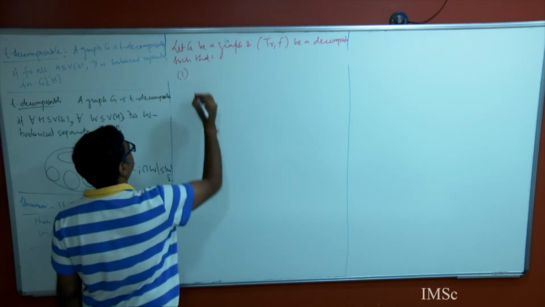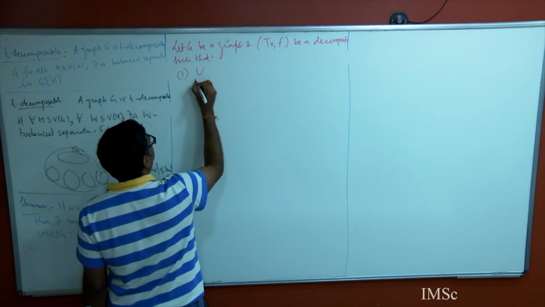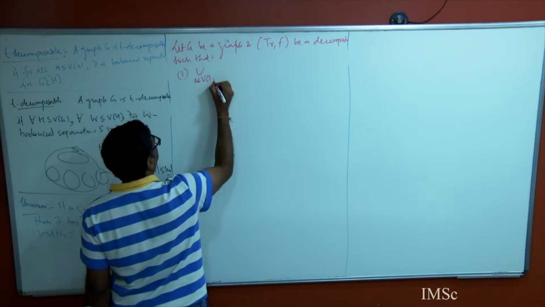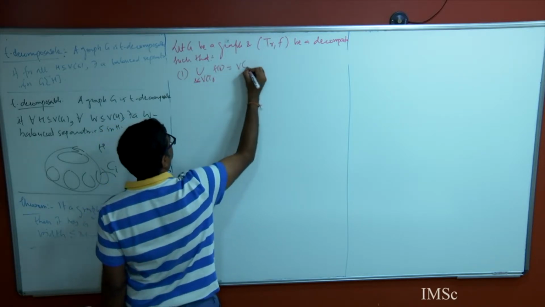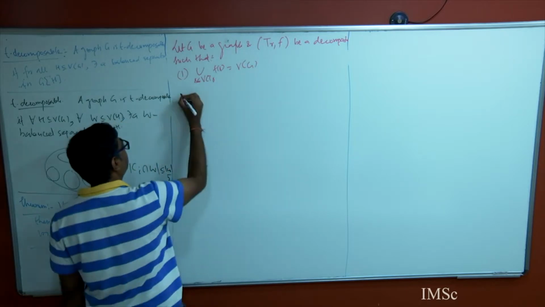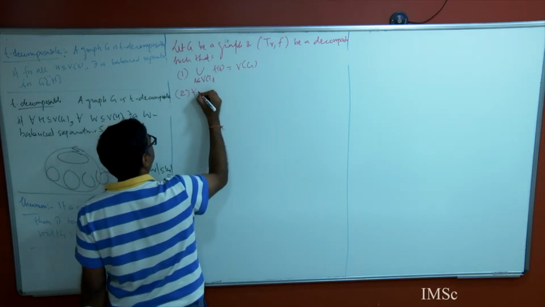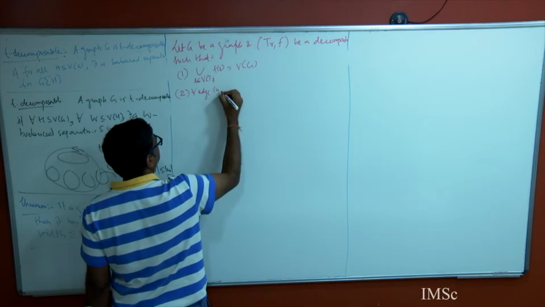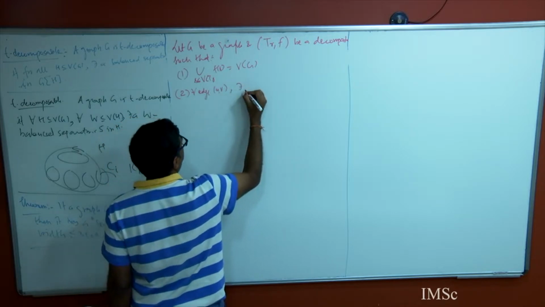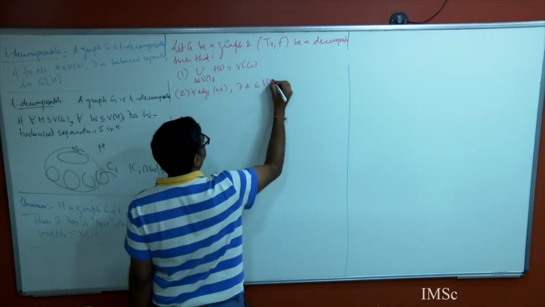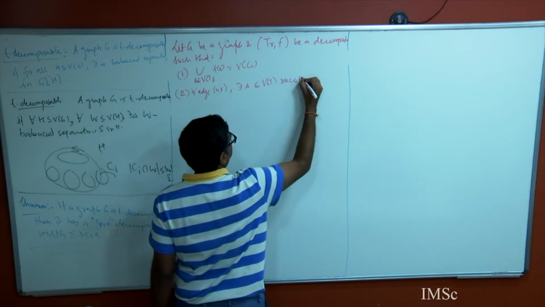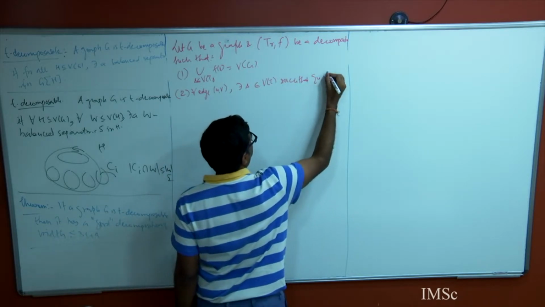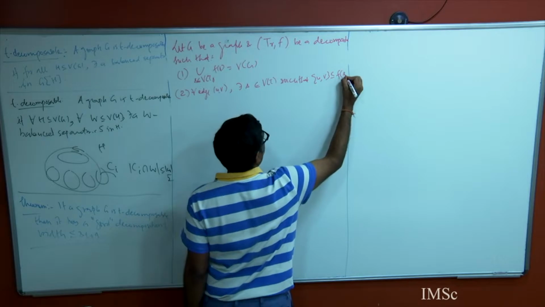First property: the union over S in V of T of F of S is equal to Vg. Secondly, for every edge u comma v, there exists S in Vt such that u comma v is a subset of F of S.